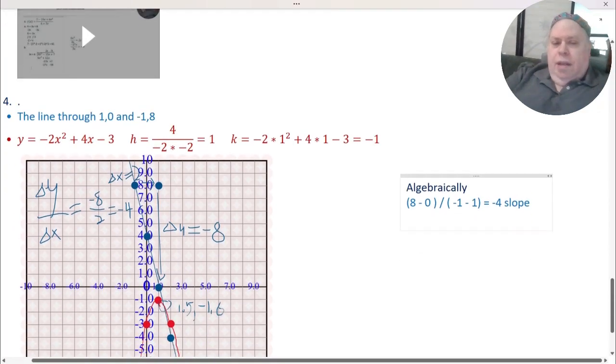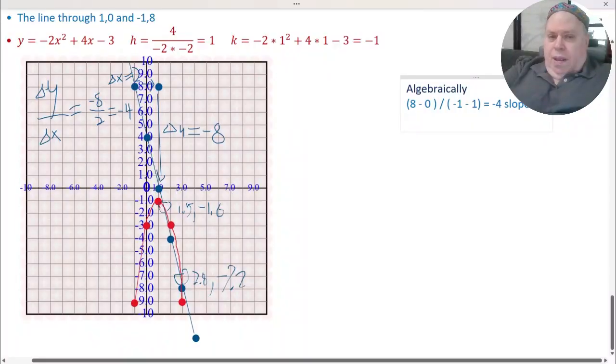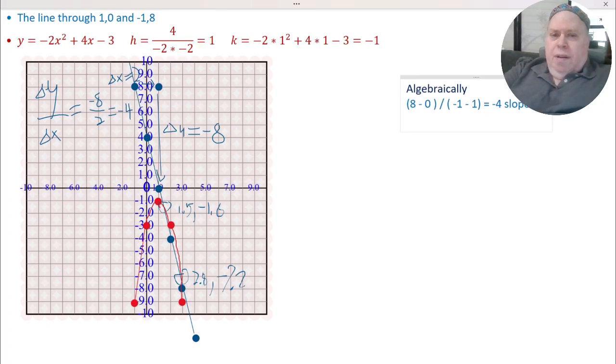And then we'll get the intercept, which will be, I'll use 1, 0, so we'll do 0 equals intercept plus minus 4 times 1. So we'll add 4 to both sides. And we'll get 4 is the intercept.